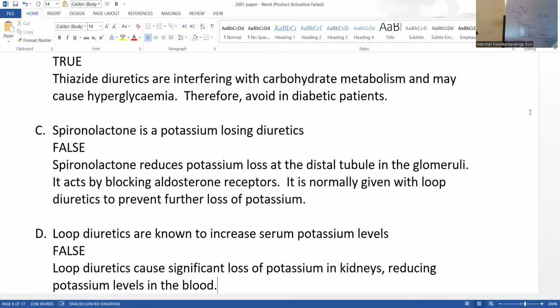In the distal tubule of the kidney, what happens is from the urine filtrate, potassium is eliminated.